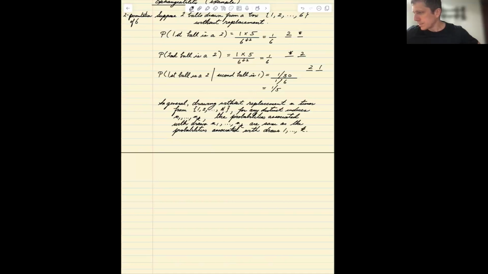And this is where we say the draws are called exchangeable.